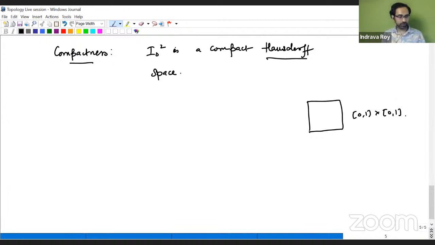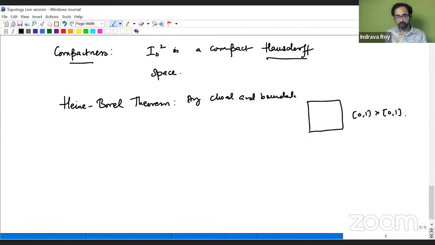But what is this theorem called? This is the Heine-Borel theorem, right? So the Heine-Borel theorem says that any closed and bounded set in a linear continuum is compact, right?